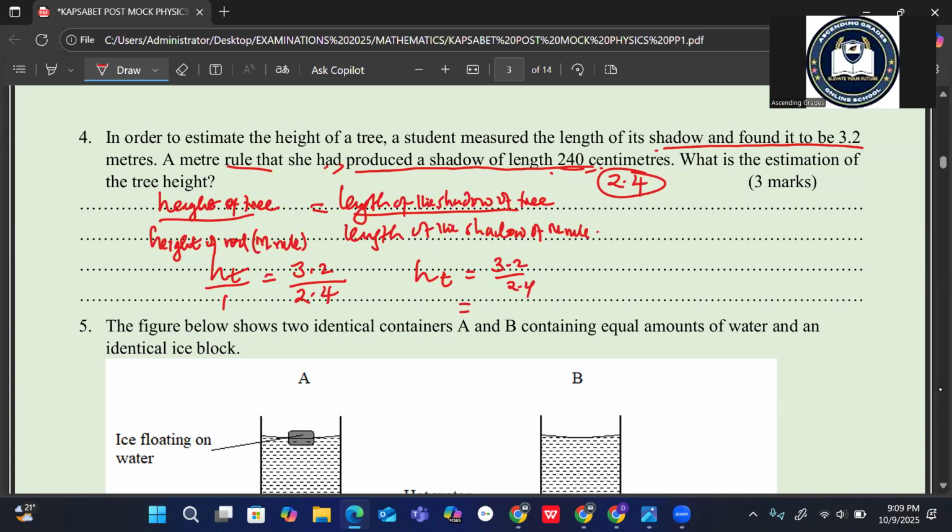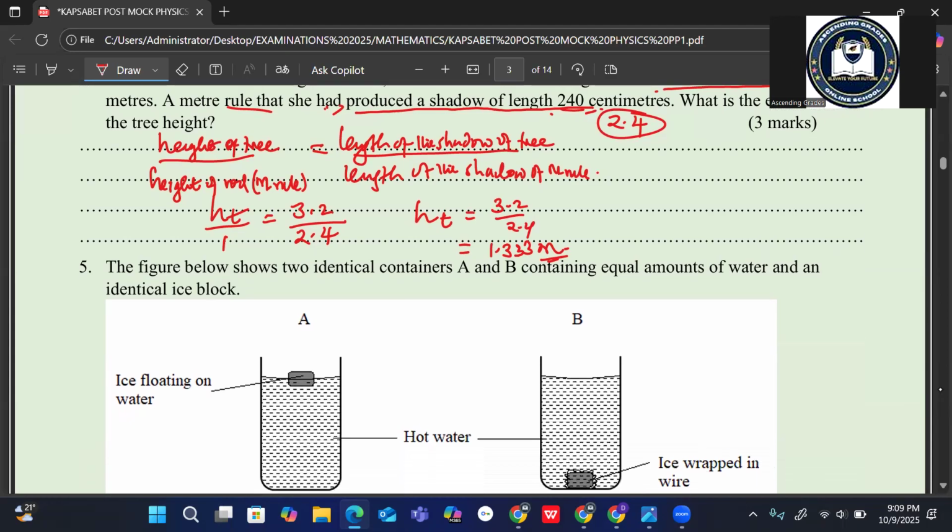This gives me 1.333 meters. From reality, you can see that a tree cannot have just 1 meter, but because it is just the working, we need to appreciate and trust our calculation that we shall be having a tree of 1.333 meters.